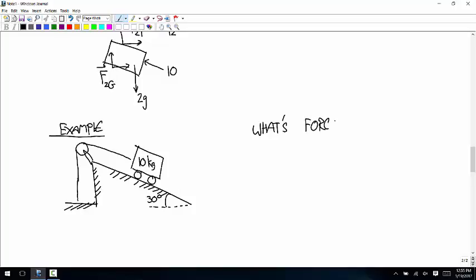What's the force vector applied to the cart by the cable?